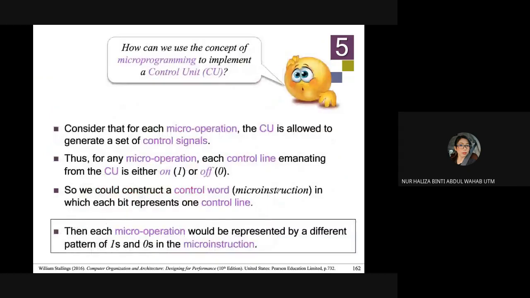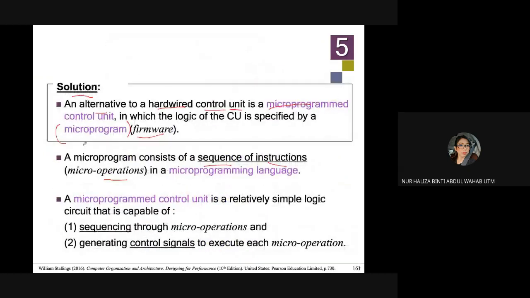If you combine it together, it's called a microprogram. A microprogram control unit is a relatively simple logic circuit which sequences through micro operations and generates control signals to execute each micro operation.